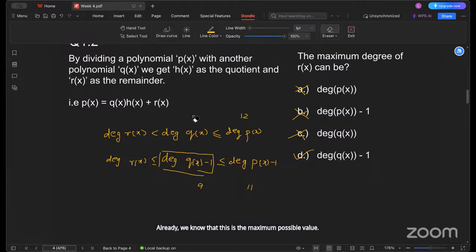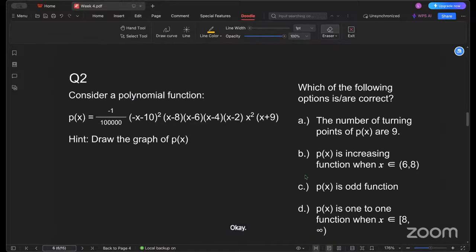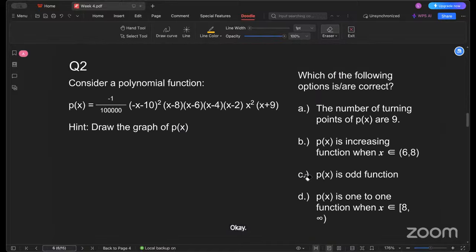Ma'am, in the exam, if they give two equations, two functions, we should only check this condition. So if they've asked for maximum degree of R of x, we will only check it with Q of x and not check it with P of x. Is that right? Yes, that's enough. Checking with degree of Q of x is enough.